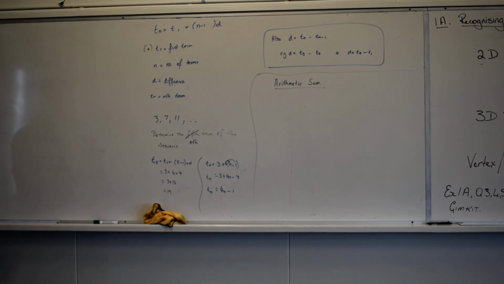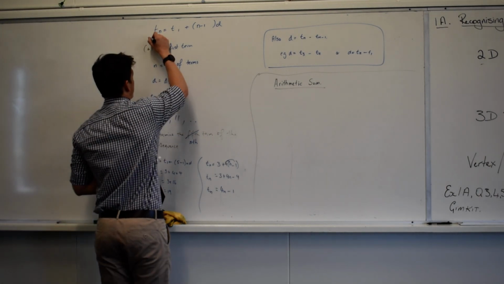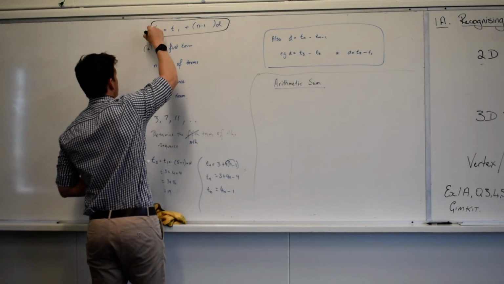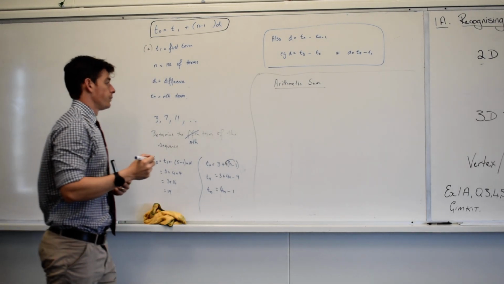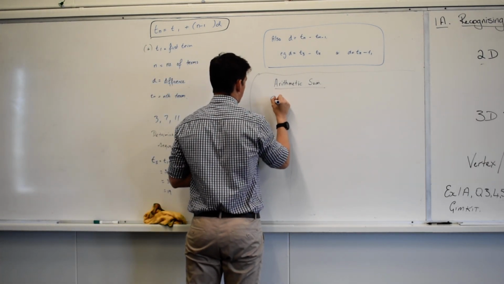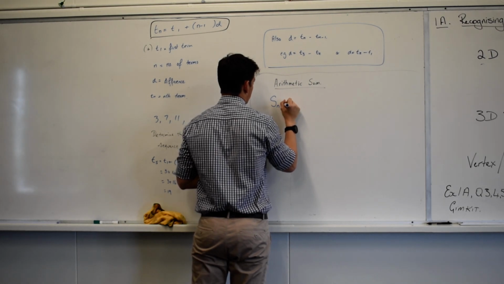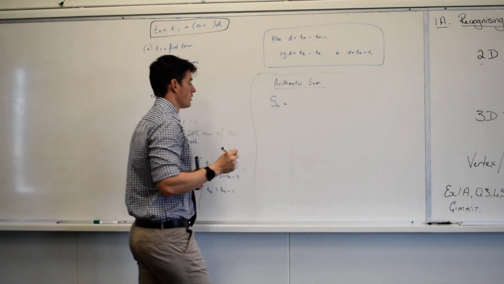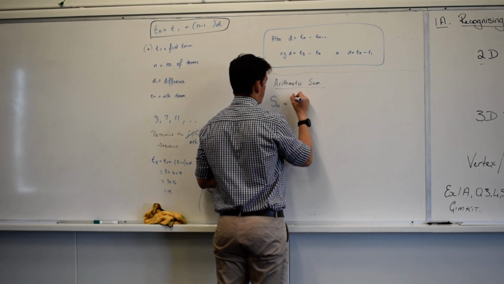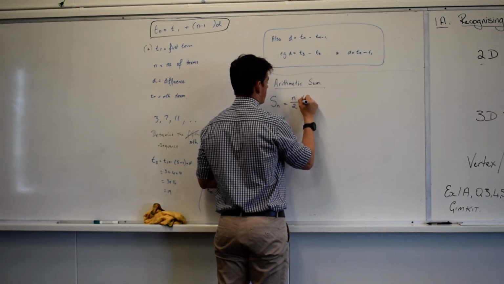I'll give you an equation. So that's obviously one of our equations that we need to know. And I like this equation because it's nice and in my head I understand what it means.